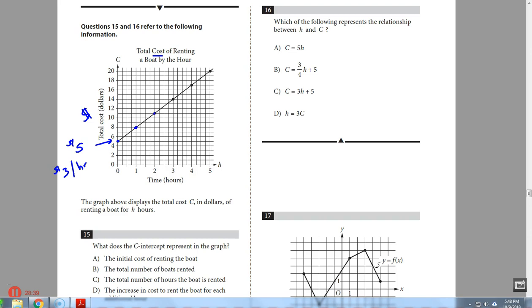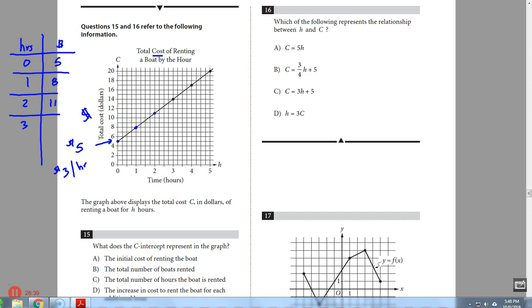There's a couple different ways to look at this. If I wanted to do it as a table, I could set a table up with hours and dollars, and then say, okay, 0 hours $5, 1 hour $8, 2 hours $11, and so on and so forth.